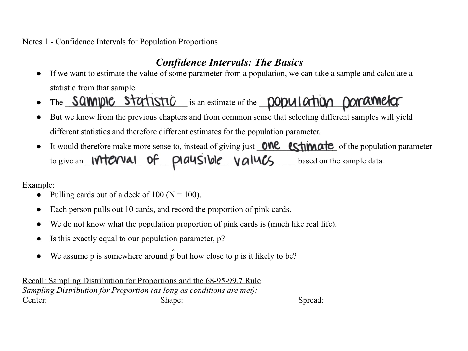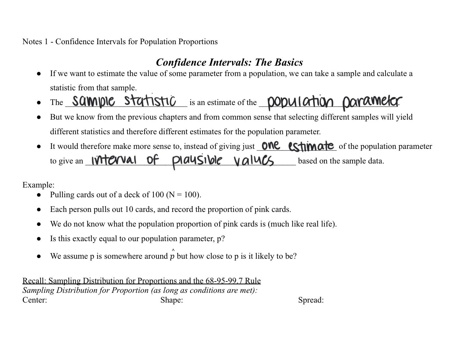If you think back to when we were talking about this in chapter 5, we talked about the pink card thing. In this case, all we know is that you have 100 cards, and each person is going to pull out 10 cards and record the proportion of pink. And we don't know what the actual proportion of pink cards is, which is more similar to real life than what we were doing in chapter 5.